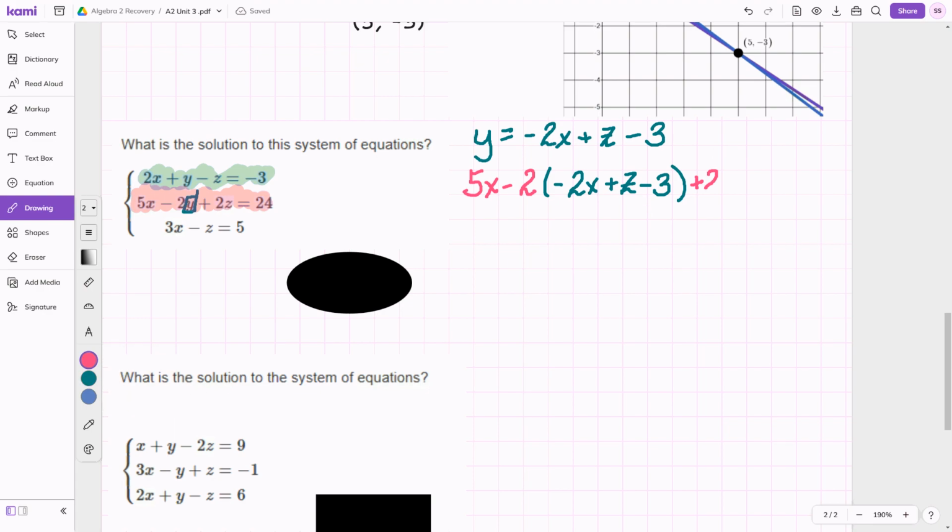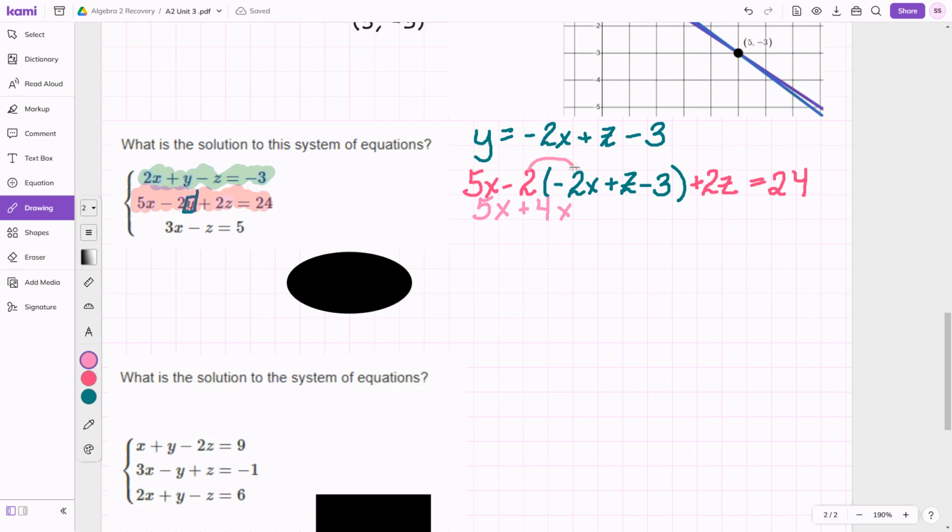Plus 2z equals 24. Now you can't leave that like that. You need to clean it up, distribute, combine like terms, and all that good stuff. So that's what I'm going to do. 5x plus 4x.